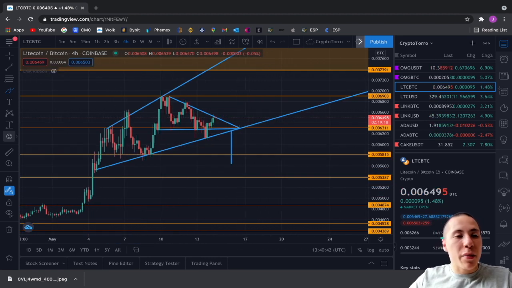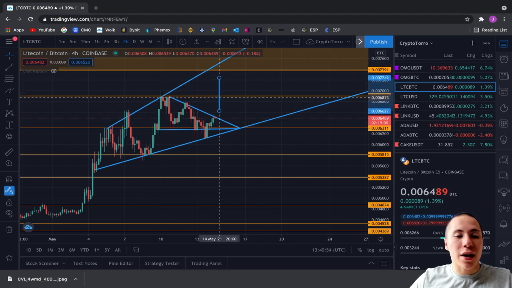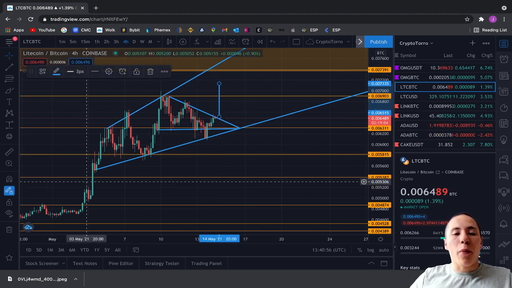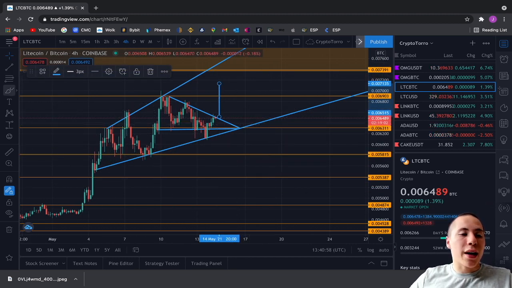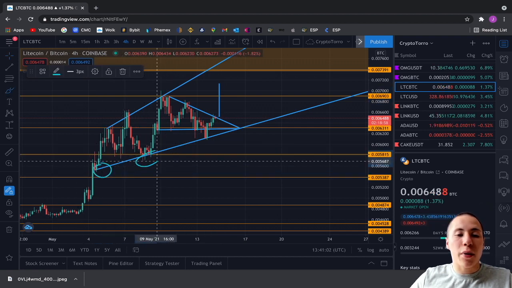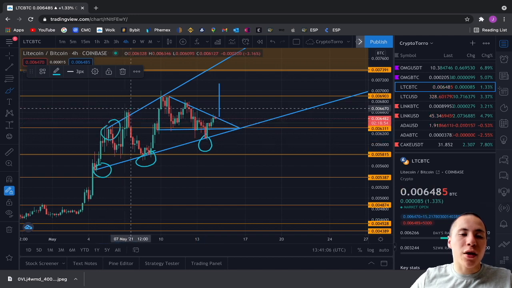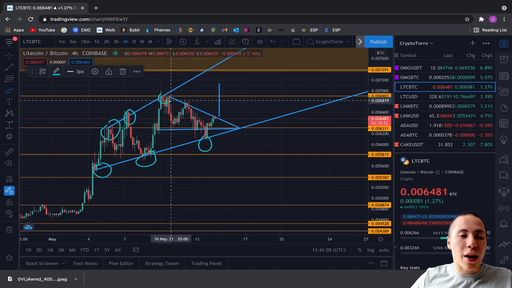But as I said before, I personally do not think that this will happen, especially because Litecoin already showed us on this upward sloping support line that it already had 3 touch points, and also it had already 3 touch points on this upwards sloping resistance line.